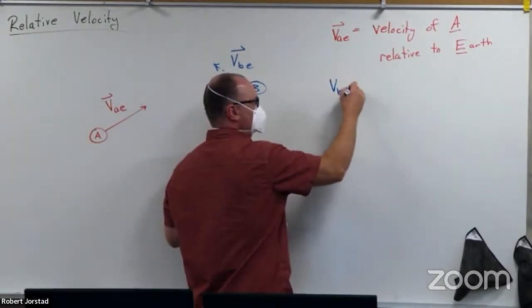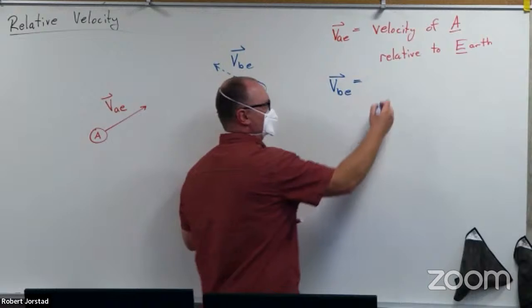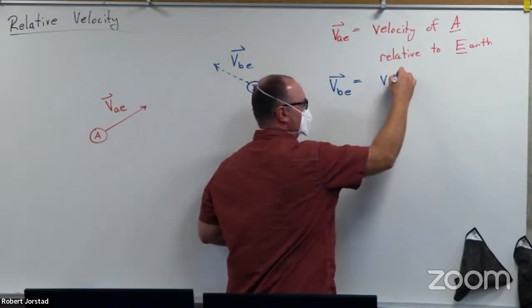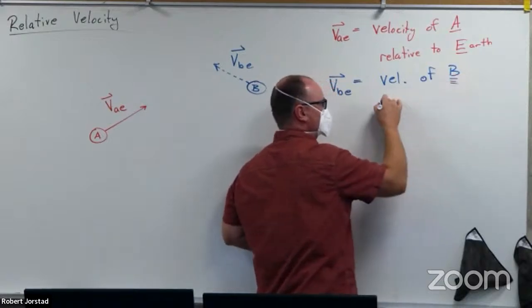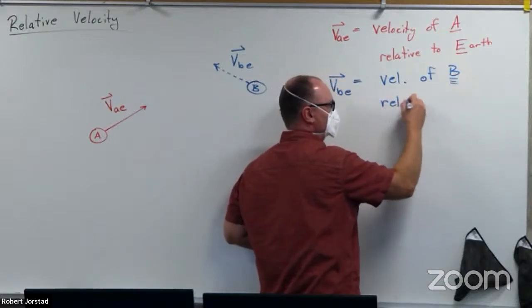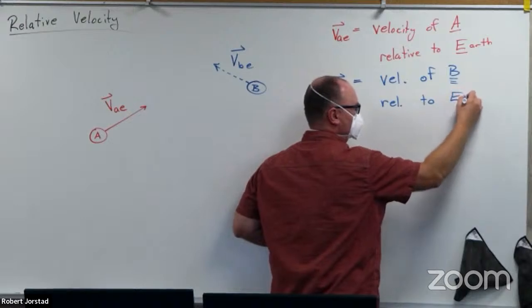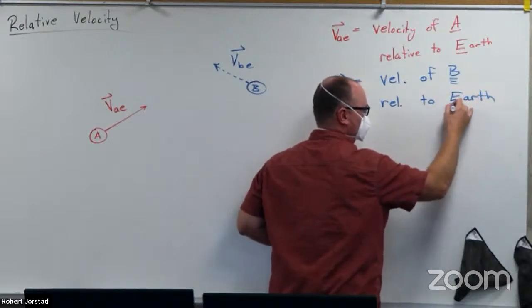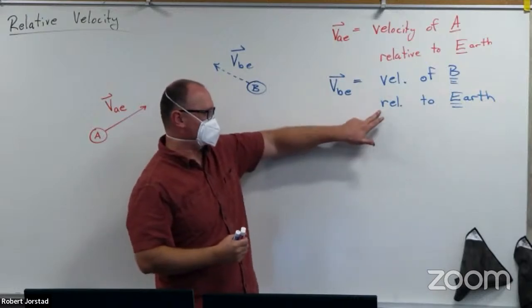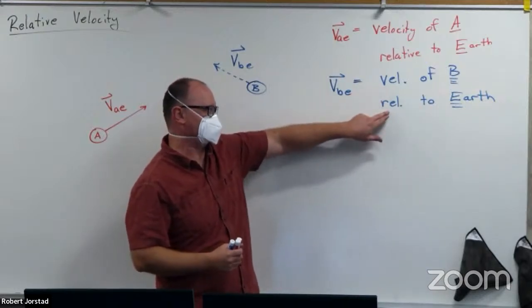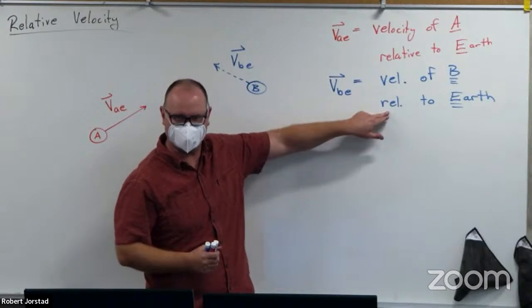What do you think VBE means? Velocity of B relative to Earth. Correct? You got to be careful here if you're getting lazy like me. If you get too lazy, your V's start to look like R's. So this is velocity, and this is relative, okay?